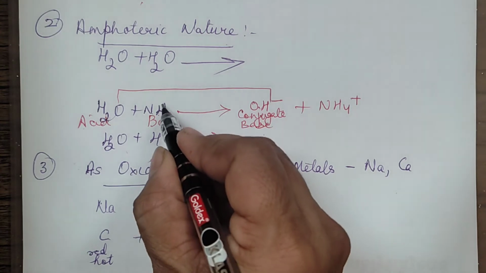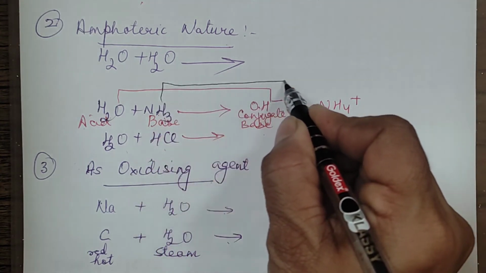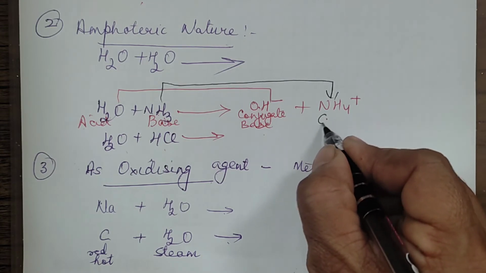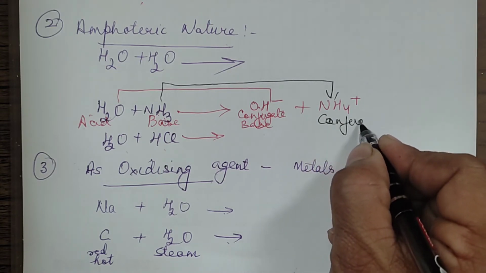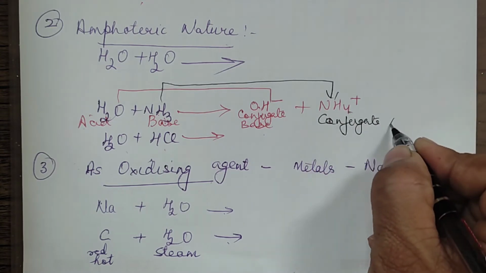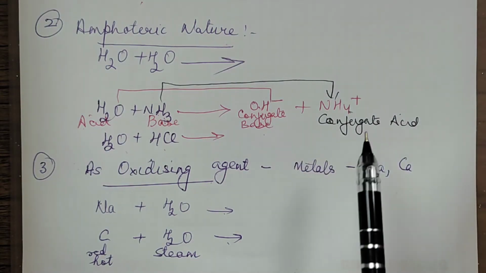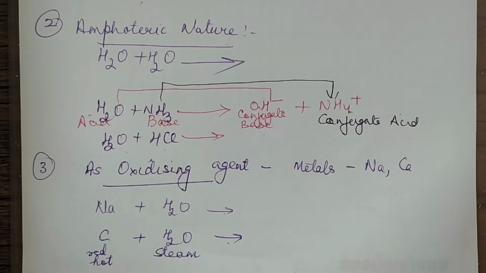So ammonia after gaining a proton has formed NH4+. So this is a conjugate acid. It is a conjugate acid of what? Of ammonia. Ammonia has gained proton and formed this. So in the first case, water is acting as acid and ammonia is acting as a base.